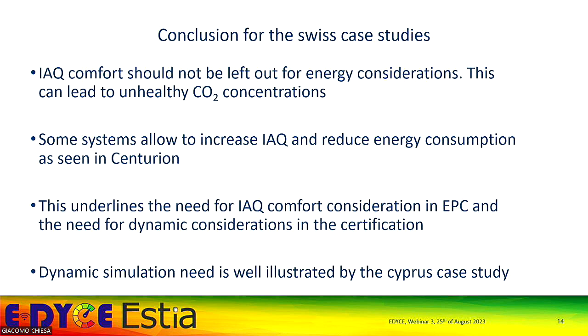And also, when you consider this type of technology, you have to consider to perform a dynamic simulation of your building. Otherwise, you would have high expectancies in the energy saving aspect. And this is what was outlined in E-DYCE itself. Dynamic simulations are needed for dynamic technologies.